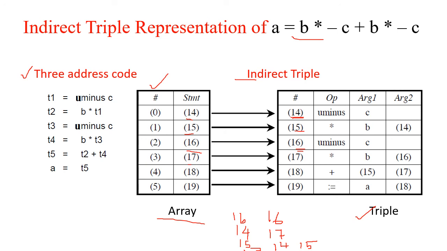That problem can be overcome in indirect triple using memory locations. Here is a disadvantage. What is the disadvantage of this method? Double memory access is required. One for accessing the array, and after knowing the address location 14, to get the exact instruction, again a memory access is required.